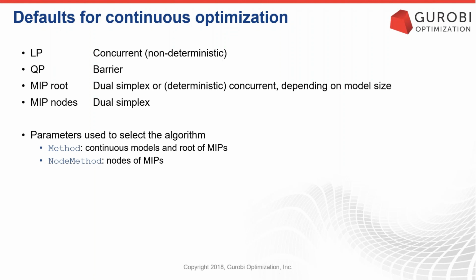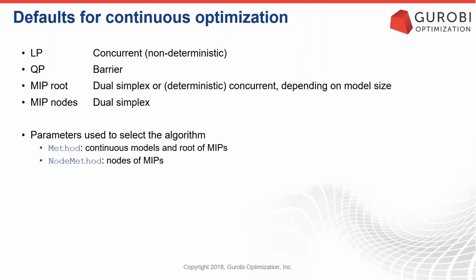For MIP models, there is this initial stage solving the LP relaxation. But for MIP, it's also very important that we start with the same optimal basis every time. So by default, in this case, we use deterministic concurrent. It really depends on the model. So sometimes, depending on the model size, we only do dual simplex. And by default, for solving the MIP nodes, we only use dual simplex.